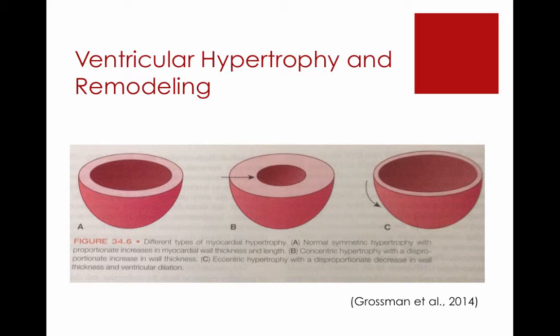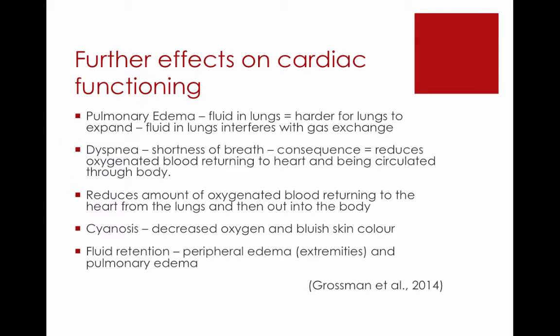So now that we've had a look at the sympathetic nervous system, the Starling principle, and ventricular hypertrophy, I just want to elaborate more on the cardiac functioning and how it's affected with these compensation strategies that the heart does. So the first thing we've got here is pulmonary edema. So that's your fluid in the lungs.